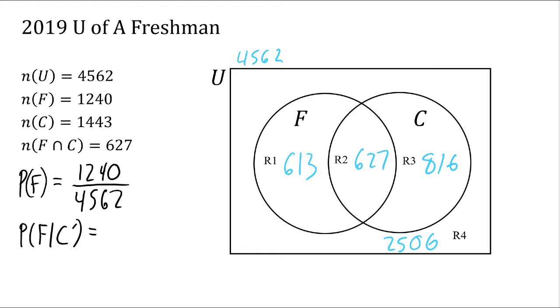So we want to find the probability that a student is taking finite given they are not taking English composition. All right, so if they are not taking English composition, so the given part, that's the part that's going to come after the vertical line, that's what's going to tell us what our denominator is. It's what's going to tell us the total number in our sample set.